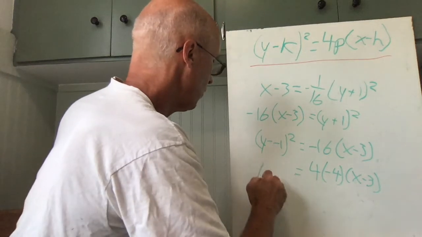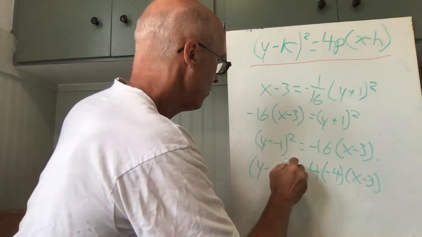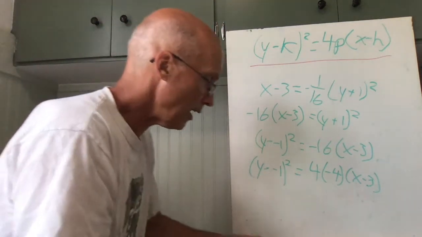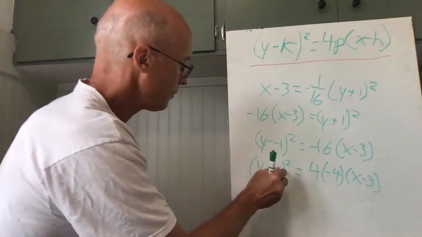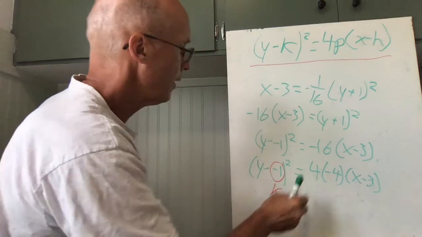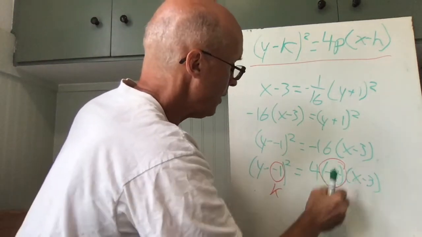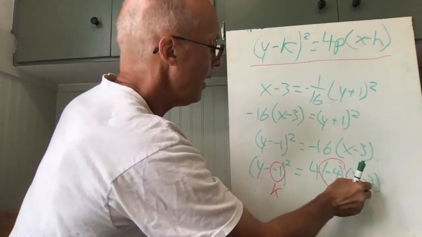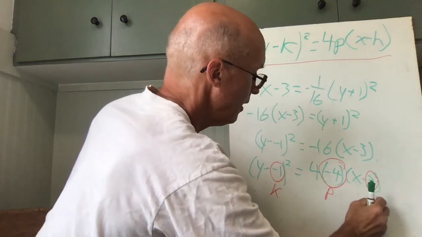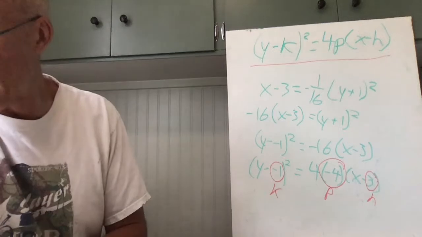And this side is still y minus negative 1 squared. Now can we identify things? We can identify that this is going to be k. That 4 times the p, so this is going to be p. And x minus h, so this is going to be h. Okay?